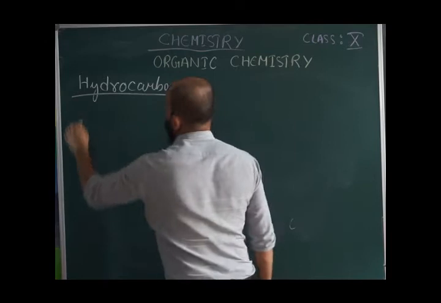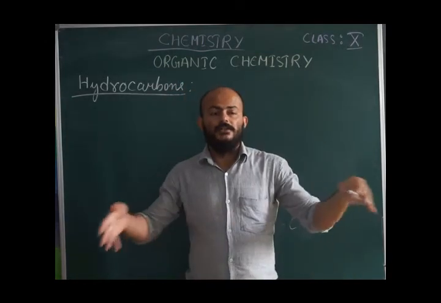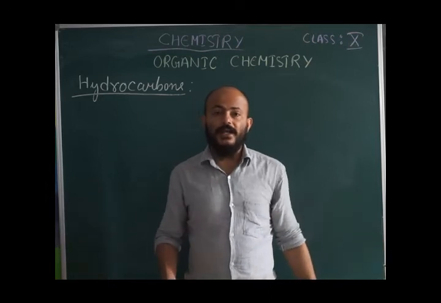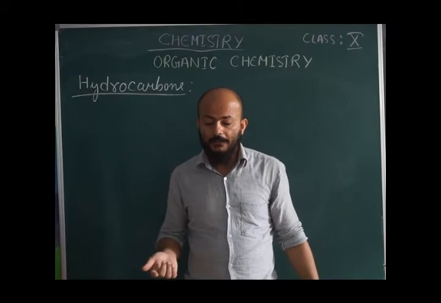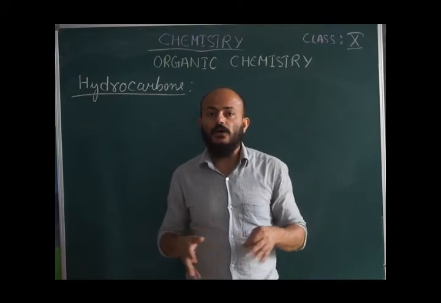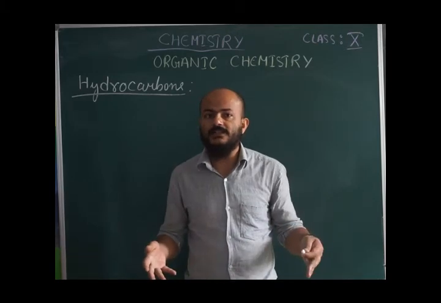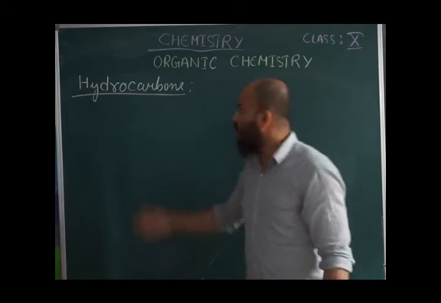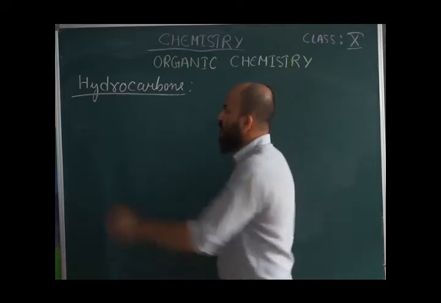Now, these hydrocarbons can be divided into different groups. You can refer for that to page number 185. But here I am concerned more about what is there in your syllabus and from where the questions will be asked in your ICSE. So hydrocarbons are compounds which are formed of hydrogen and carbon only.